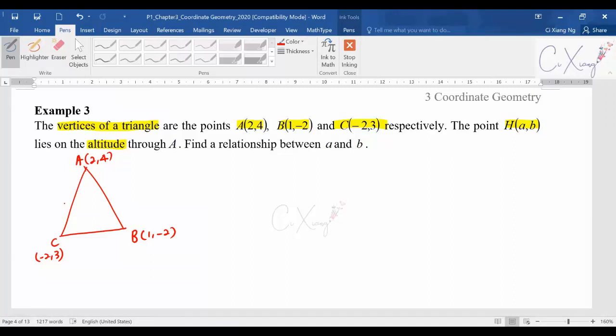Okay, and then after that, what is the meaning of lies on the altitude from A? Generally, the altitude means that I'm having a line passing through A, and it is 90 degrees to the side opposite to it, and then the H should be here.